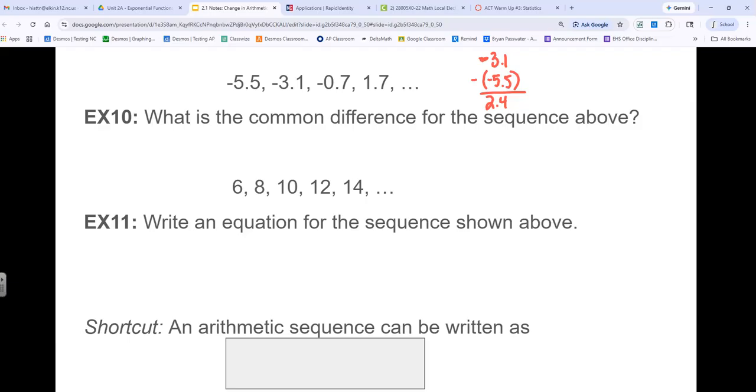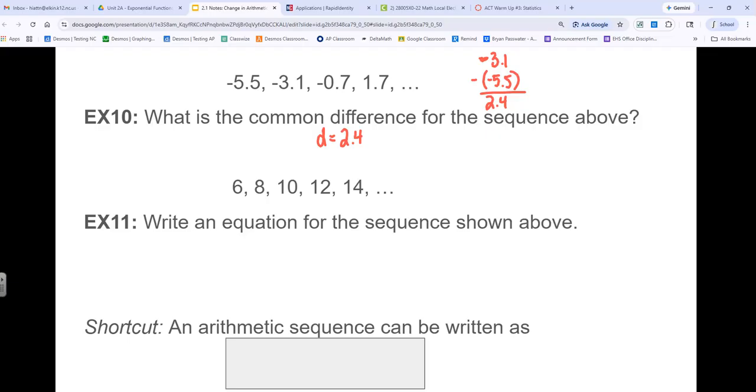And then check to make sure that's right. So like if I take -3.1 and add 2.4, I get -0.7. If I add 2.4 again, I get 1.7. So the common difference here, a lot of times we'll just use a D for that, is 2.4.